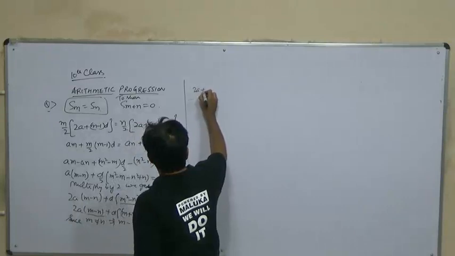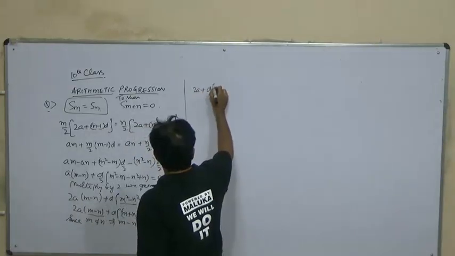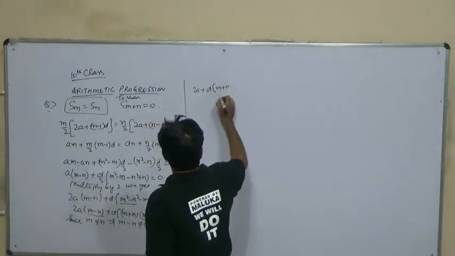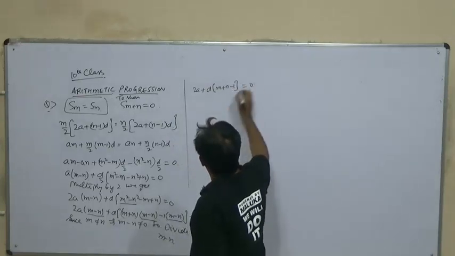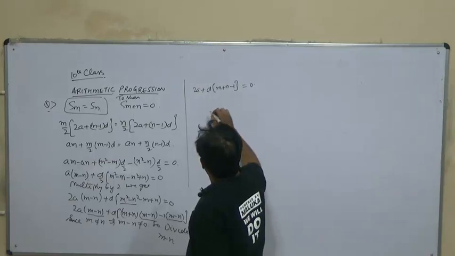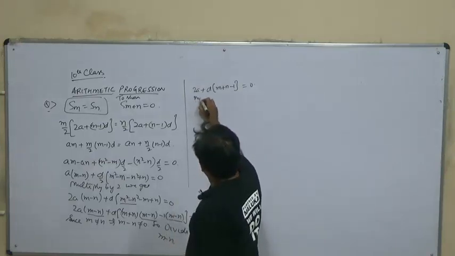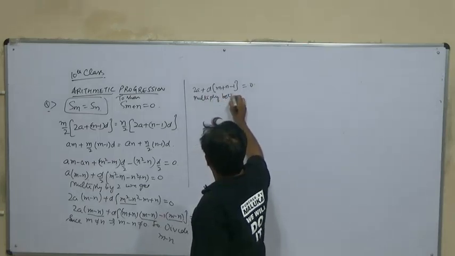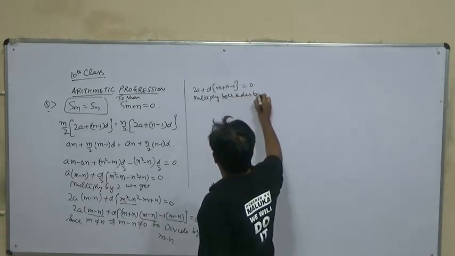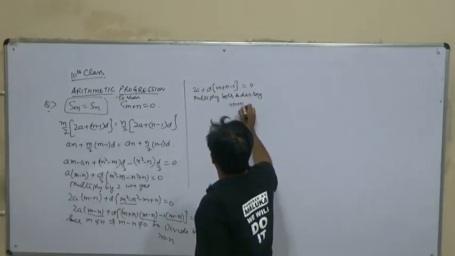2a plus d, it will be m plus n minus 1 is equal to 0. And multiply both sides by m plus n by 2.